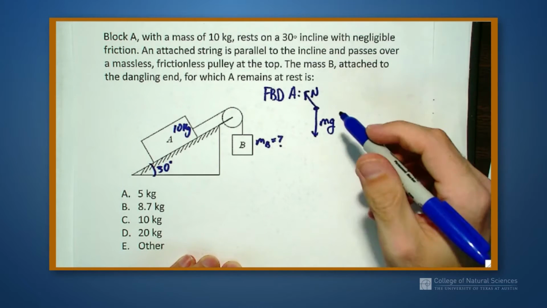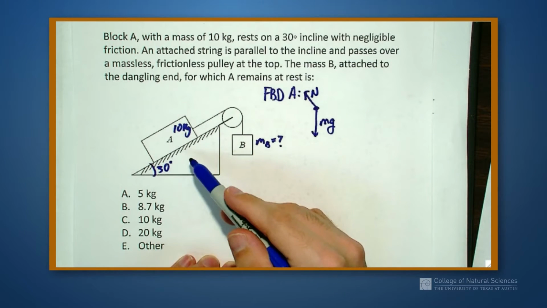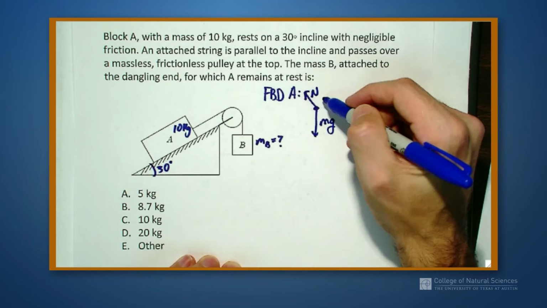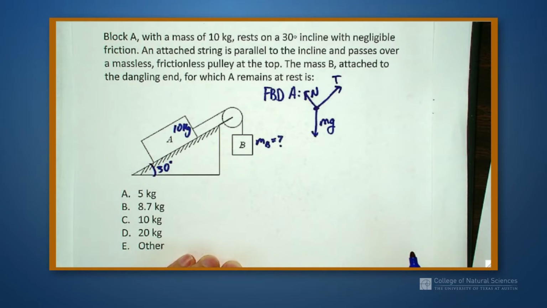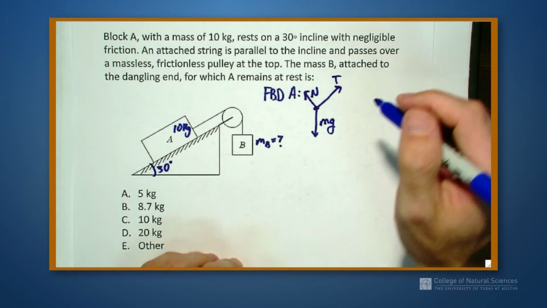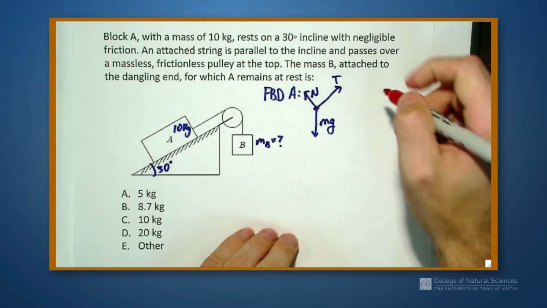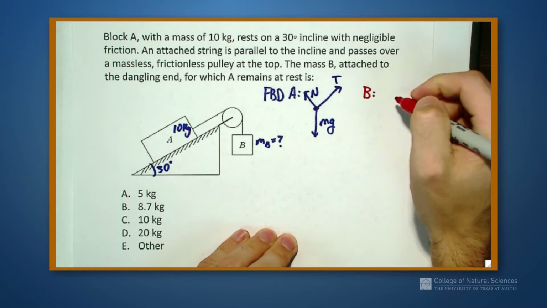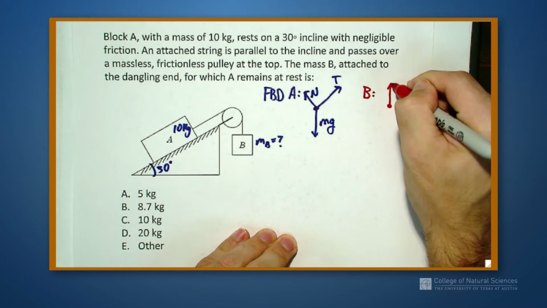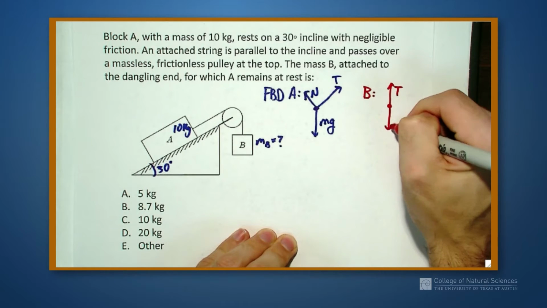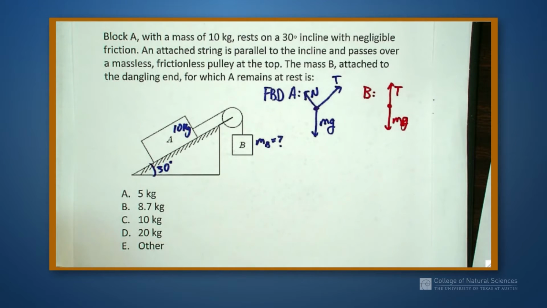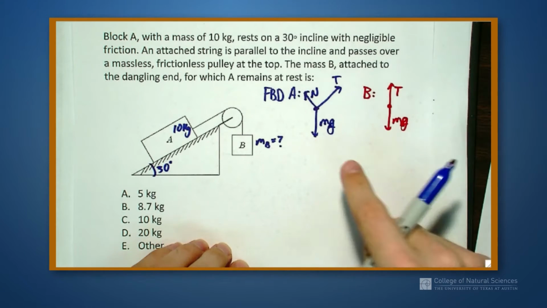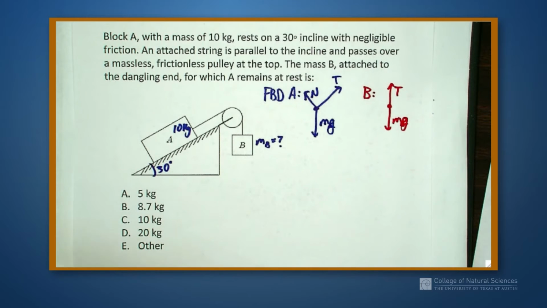It has a normal force pointing out of the surface, and it has a tension force pulling up the ramp. And if I do the free body diagram for B, I will see that I get an upward tension force and a downward weight force. And I got to be careful to make sure that I label this A and that mass B.